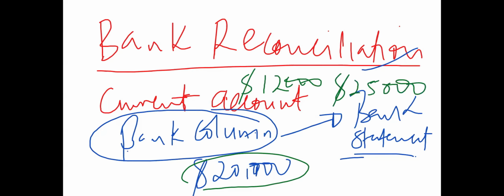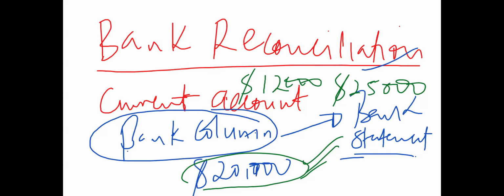But as per the bank column of your cash book, the balance should have been 20,000 US dollars. So you can have a higher figure or a lower figure, and that's most of the time what happens. So you find that your cash book balance in the bank column is not the same as what you see on your bank statement for a given period of time.